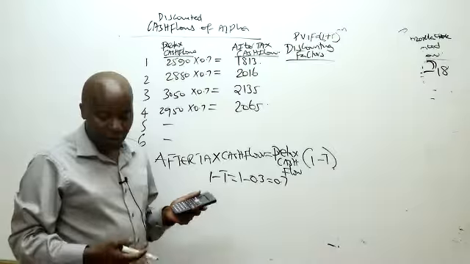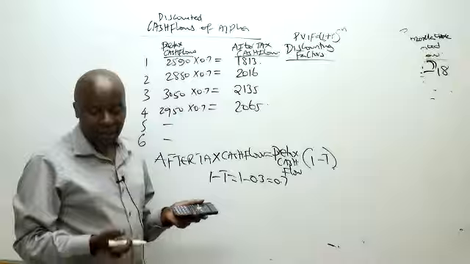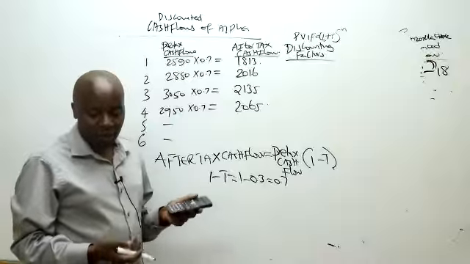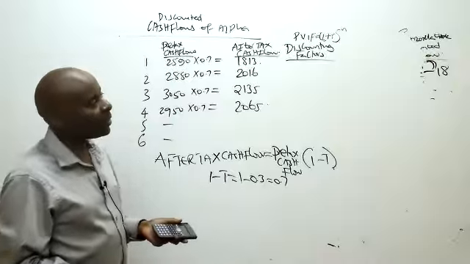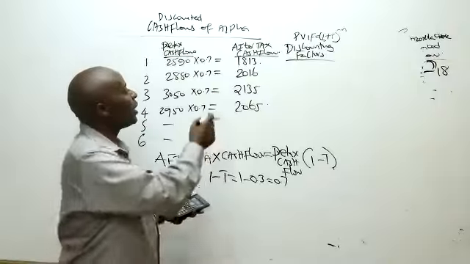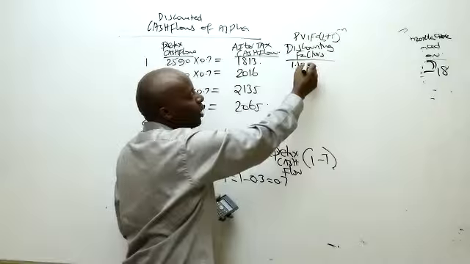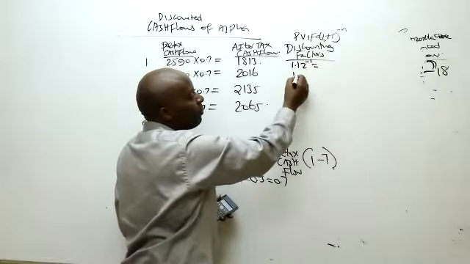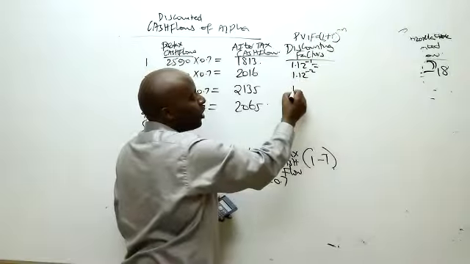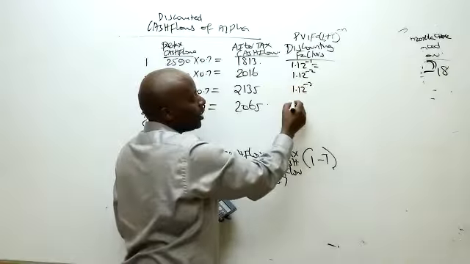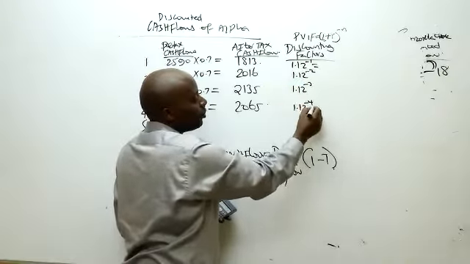Yes. Note number 5. They have told us that the cost of capital of the company is 12%. So we have 1 plus 12%, that is 1.12 raised to minus 1, minus 2, minus 3, minus 4.